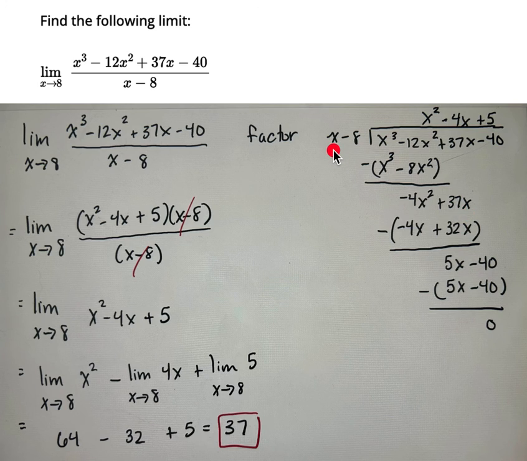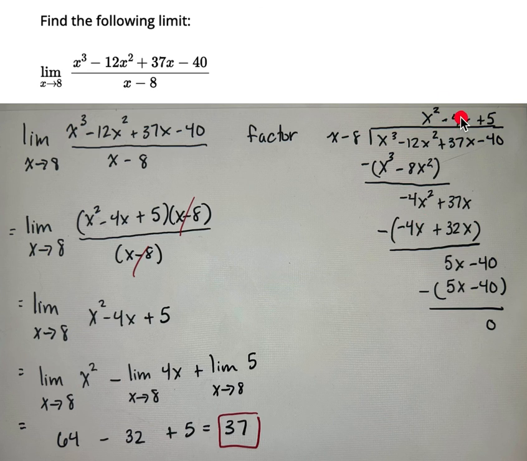So how many times does x go into minus 4x squared? That would be minus 4x. I'm going to put that up here, and then repeat the process. I'm going to take minus 4x times x. That's going to give me minus 4x squared.